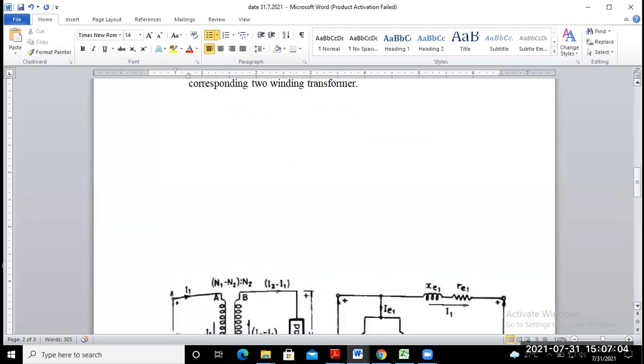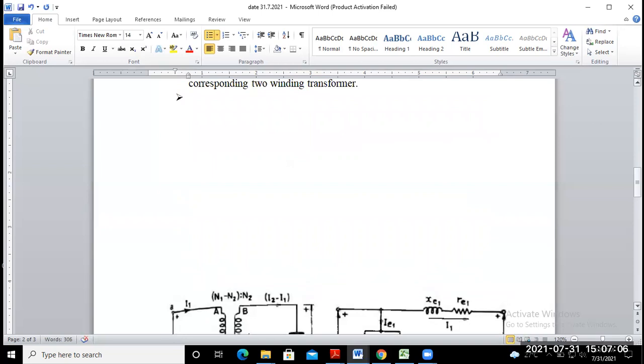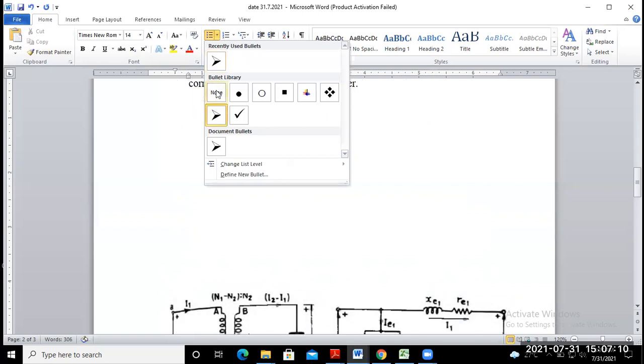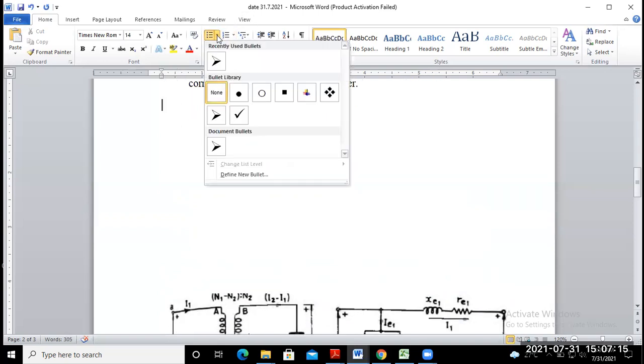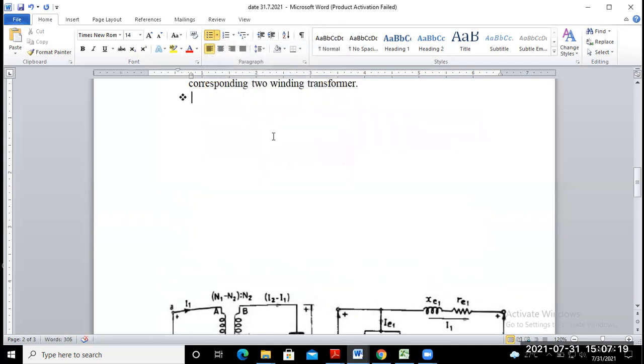So next we would like to discuss the equivalent circuit of an auto transformer.